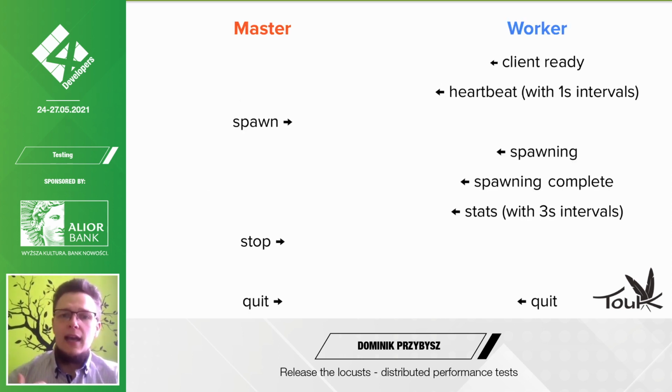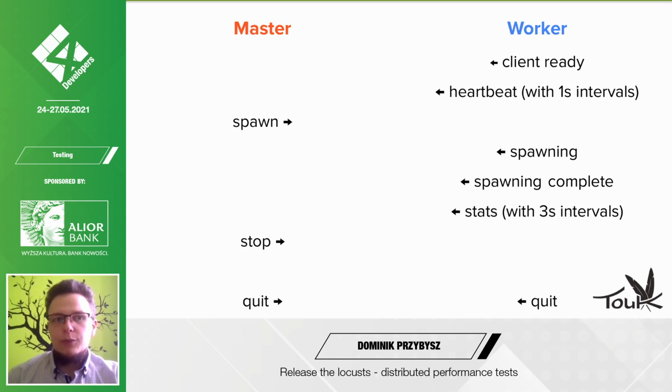At the beginning of the whole life cycle of our test, workers have to send a client-ready message to master. Master registers it in some registry. Then the worker, at 1 second intervals, sends a heartbeat message to master to tell it that it's still available.